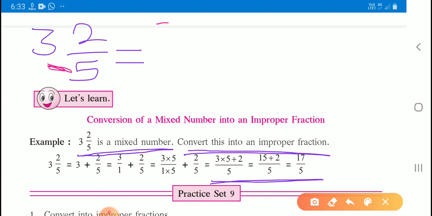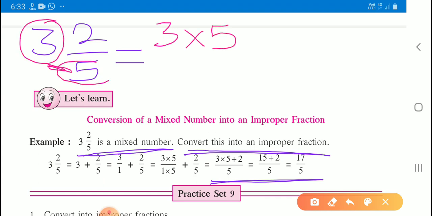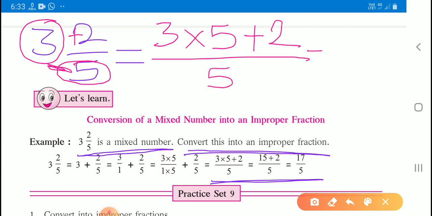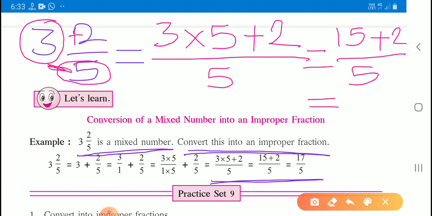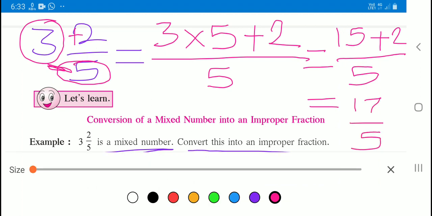Means what will we do? 3 multiplied by 5, we multiply these two and add this numerator, plus 2 upon what? The denominator is 5. Now 3 5s are 15 plus 2 as it is upon 5. So your answer will be 17 upon 5.